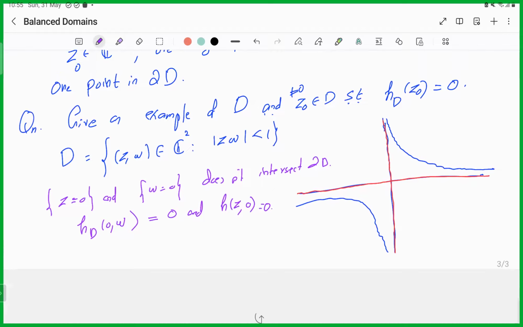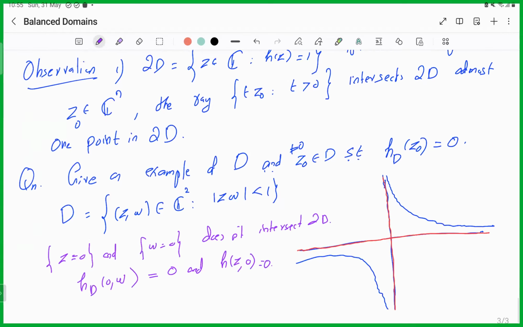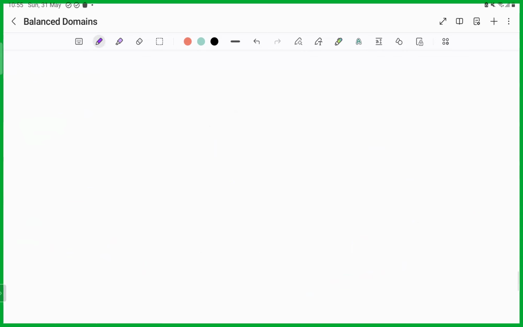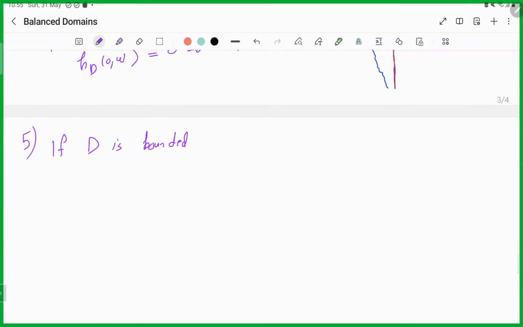Okay, next we go to property 5. Property 5 is related to boundedness. If D is bounded, then h_D inverse of 0 equals 0.